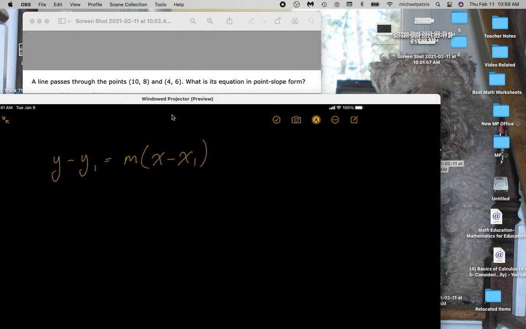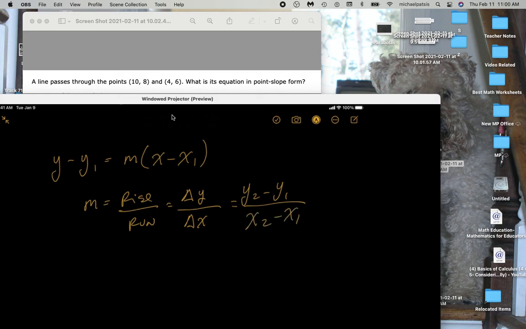Okay, so what does the slope equal? The slope is going to be rise over run. The rise over run is simply the change. The delta triangle means change in y over change in x. How do you find something that changes? You subtract: y2 minus y1 over x2 minus x1. Okay, so if they give us these 2 points, we're going to call this point 2 and this point 1.